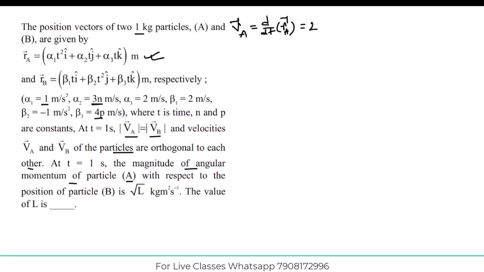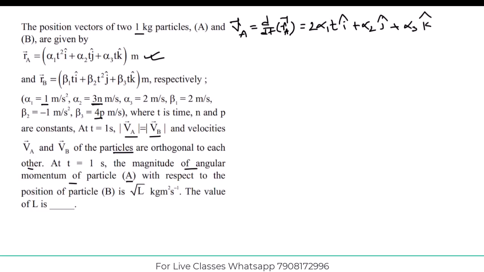So 2 alpha 1 t i cap plus alpha 2 t j cap, the derivative of t is 1, so alpha 2 j cap, plus alpha 3 t k cap, and the derivative of t is 1, that is alpha 3 k cap.